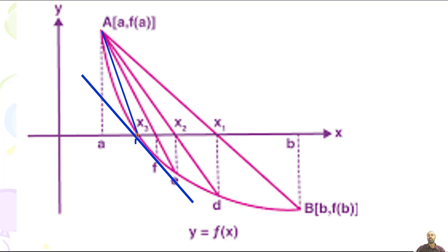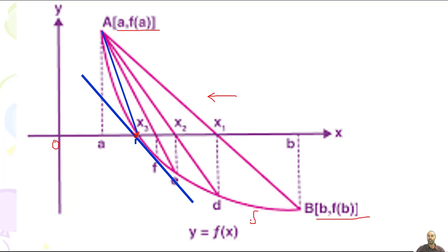So this is the curve. You have a comma f of a and b comma f of b. You start from here. Then this line is approaching this direction until the root is crossing at this point. So this is the last line, which intersects the x-axis where y is equal to 0, and the curve is this one.